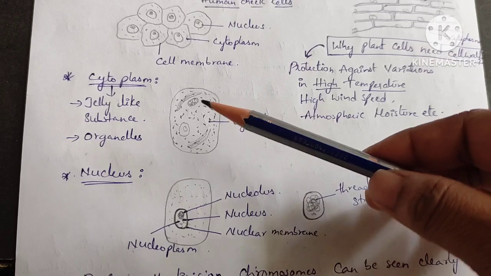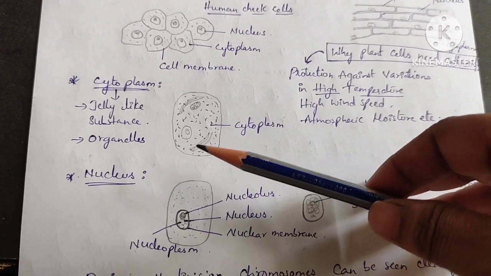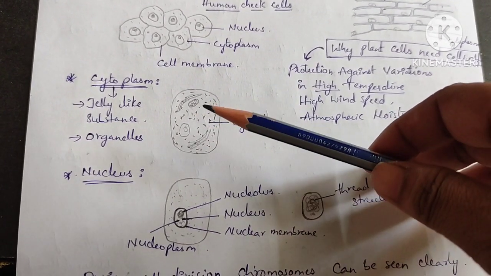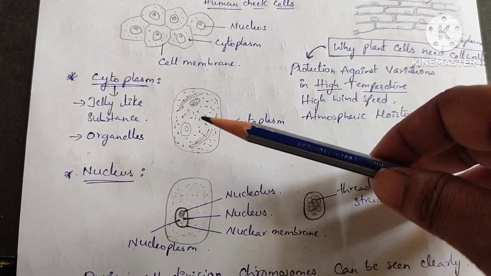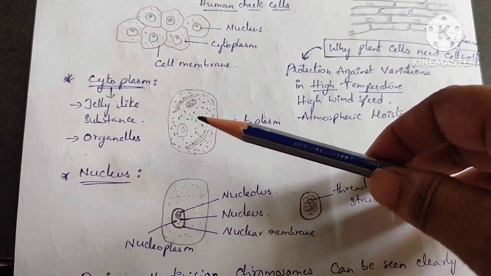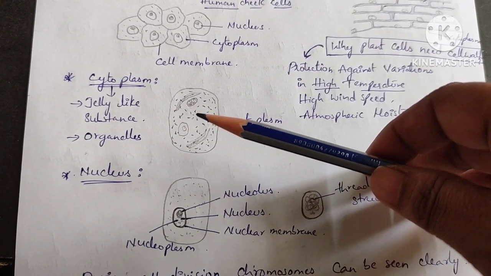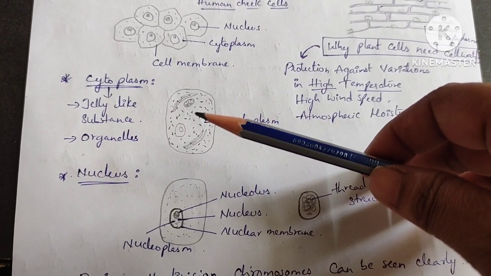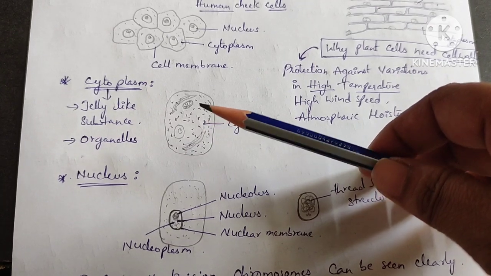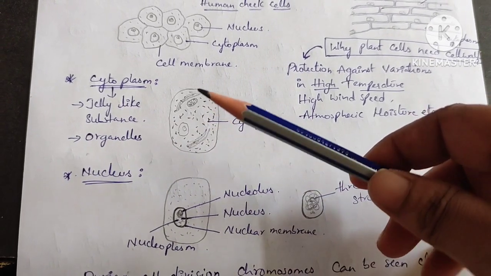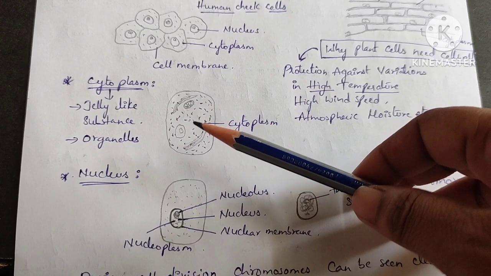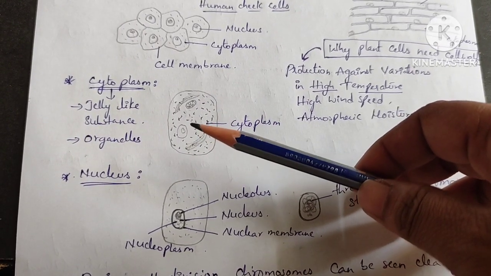Next, cytoplasm. Cytoplasm is the fluid-filled or jelly-like substance present inside the cell, and this cytoplasm contains many cell organelles like mitochondria, Golgi complex, ribosomes, vacuoles, etc. So cytoplasm is nothing but the fluid-filled substance.